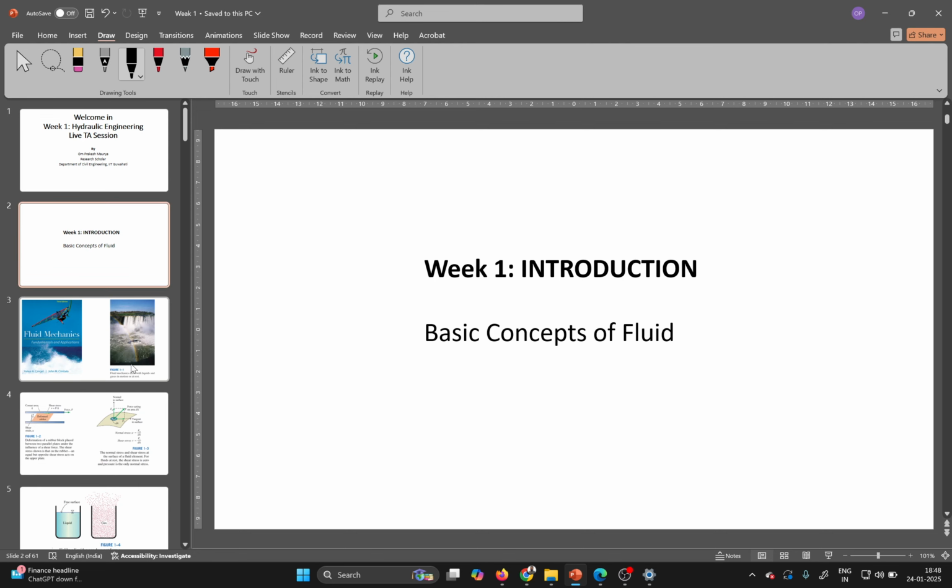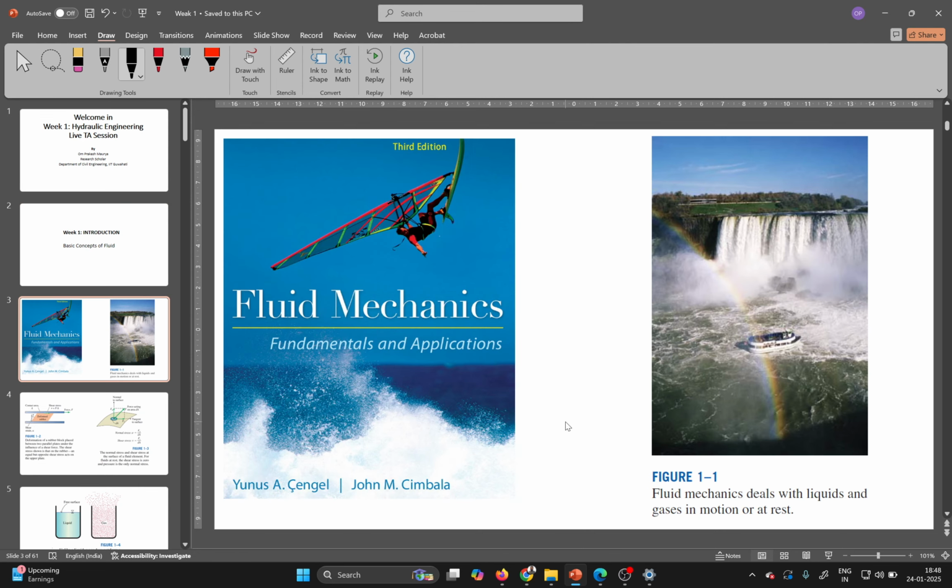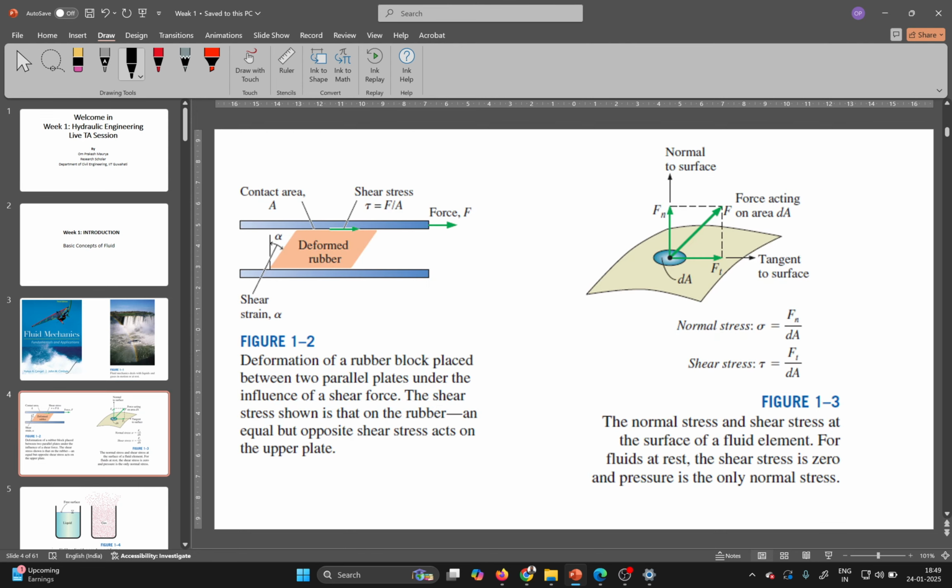So actually for theory, I'll just show you the very conceptual theory. I'll not teach from the beginning to last for the first week. Just I'll show the important points. I'll follow the Singhal book of fluid mechanics. Here you can see the surface area, how shear stress is the tangential force, and normal stress is normal to the surface.